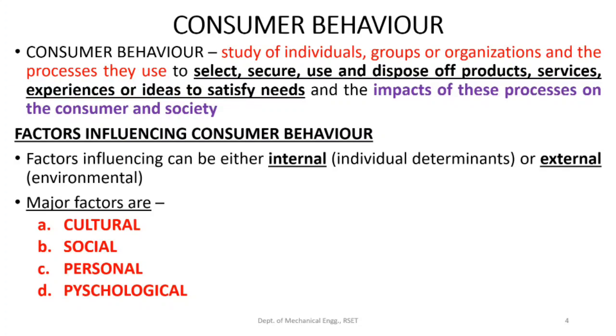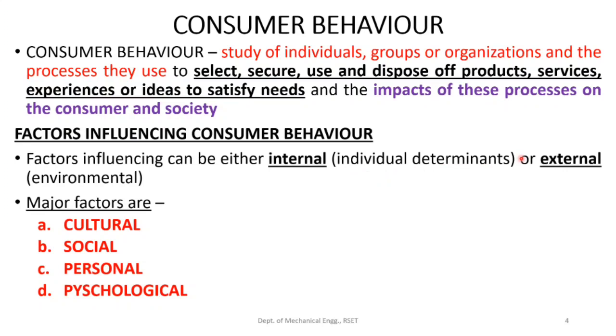So there are a wide variety of factors which influence consumer behavior, and these factors can be broadly classified into two. They can either be internal factors or external factors. Now, internal factors are those factors which are subjective in nature.